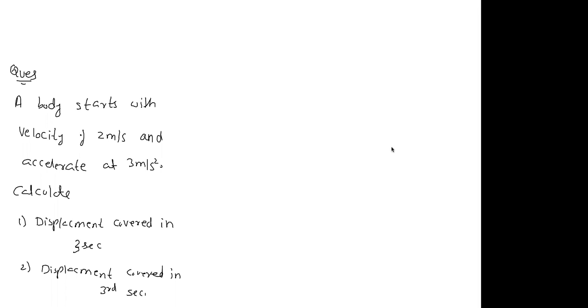Sania, your answers? Sir, where is U? Where is U, initial velocity? That's 2 meters per second. And this is the acceleration.